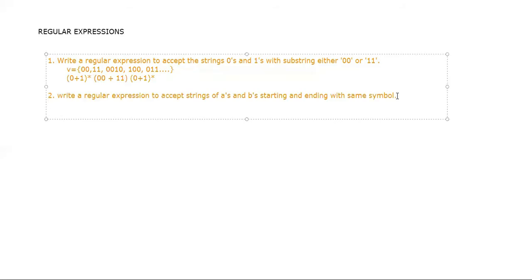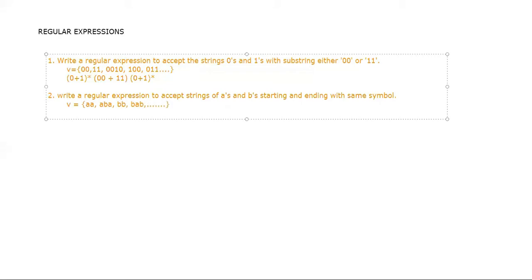The question is, write a regular expression to accept strings of A's and B's starting and ending with the same symbol. Since sigma is A and B, the strings would be AA, ABA, BB, BAB, and so on.